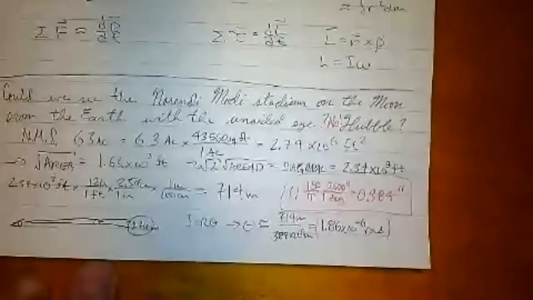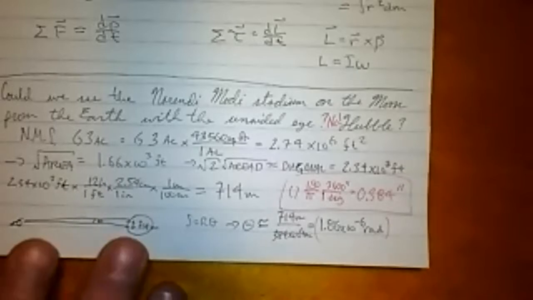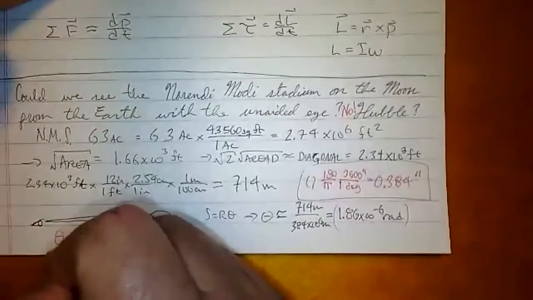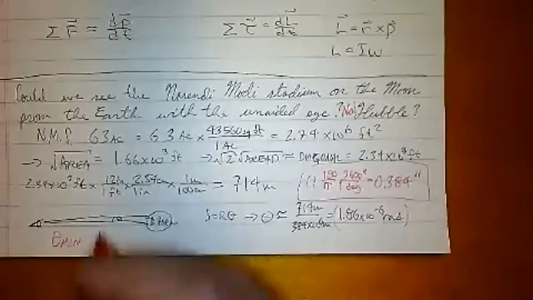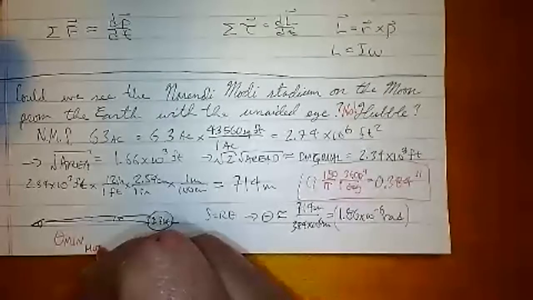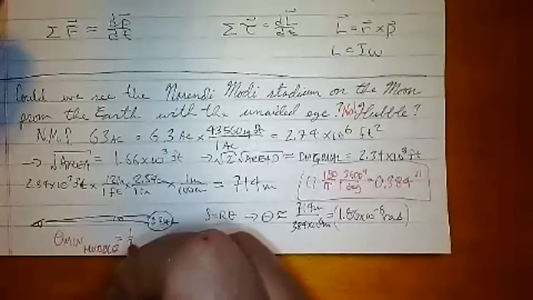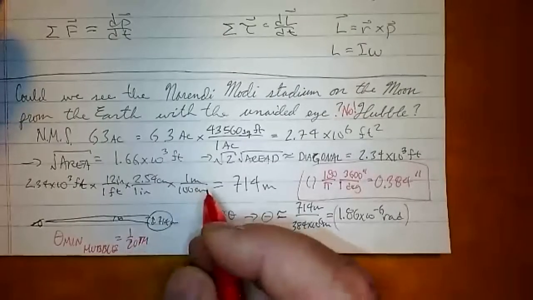Okay, so basically the resolution of the Hubble. Hopefully y'all can still see where I'm writing. Yeah, you can. Theta min for the Hubble is equal to 1/20th of an arc second.